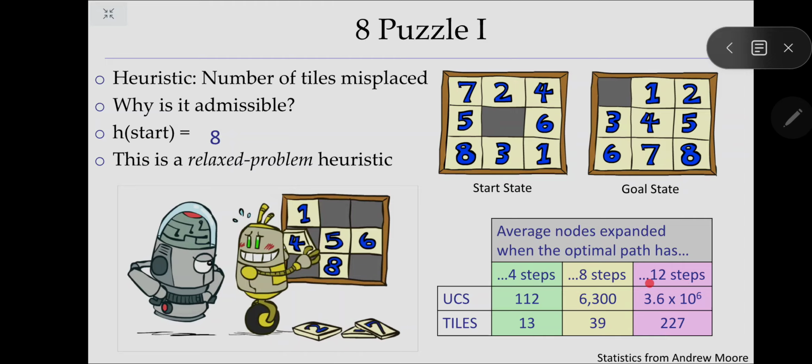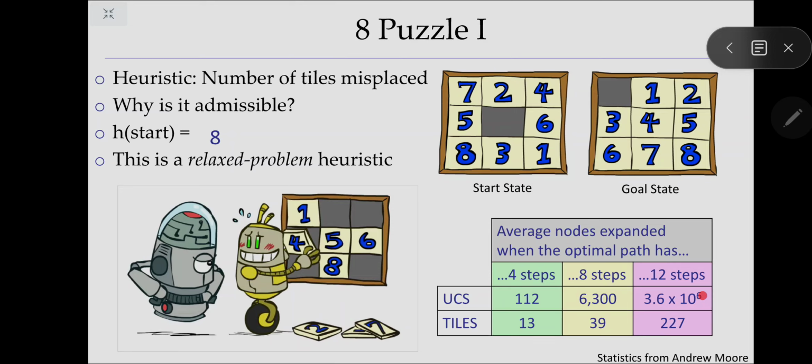For example, for 12 steps, 3.6 times 10 to the power of 6 nodes should be expanded. This is very, very great.